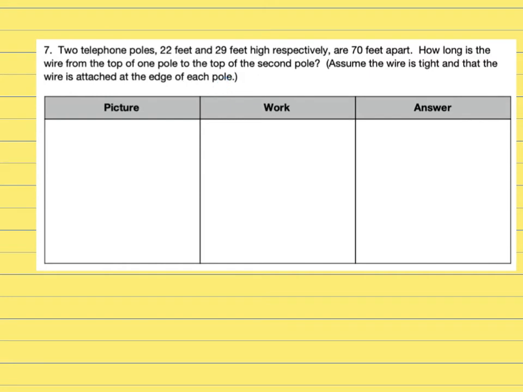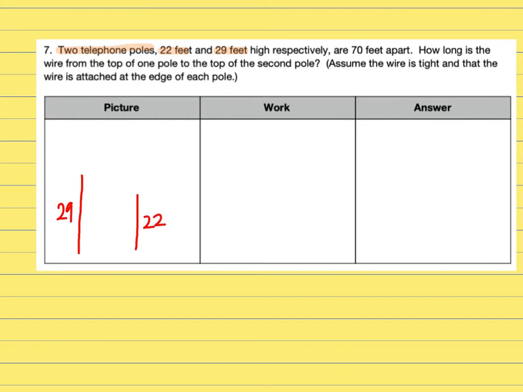What we have here is two telephone poles. Okay, those go straight up and down. Their measurements are 29 and 22 feet. So I can draw two telephone poles, 29 and 22. So this entire thing is 29. And this pole is 22.